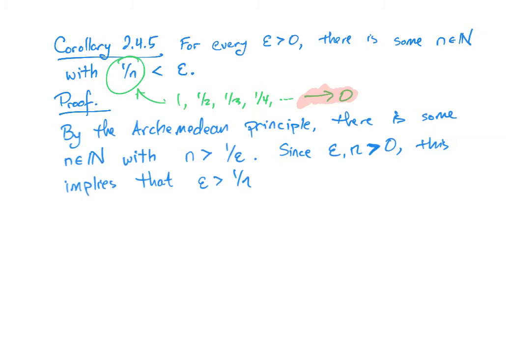Right? I'm just taking that inequality that we had here, and I'm just multiplying both sides by epsilon, and then I'm going to multiply both sides by 1 over n. And I'm going to get epsilon is greater than 1 over n. And that's what we wanted to prove.